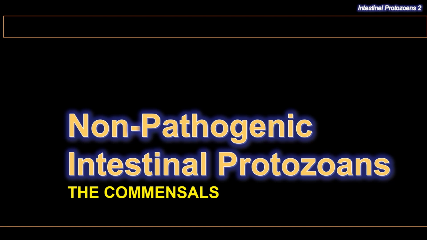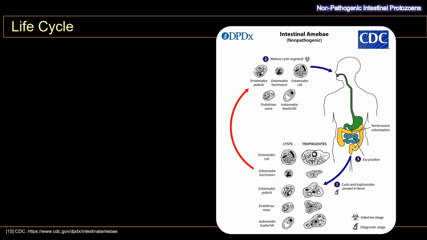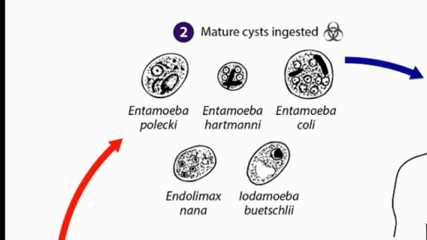Now we are down to our last topic. We will now discuss non-pathogenic intestinal protozoans, or the intestinal protozoan commensals. Non-pathogenic intestinal protozoans include Endolimax nana, Iodamoeba buetschlii, and the non-histolytica Entamoebas.